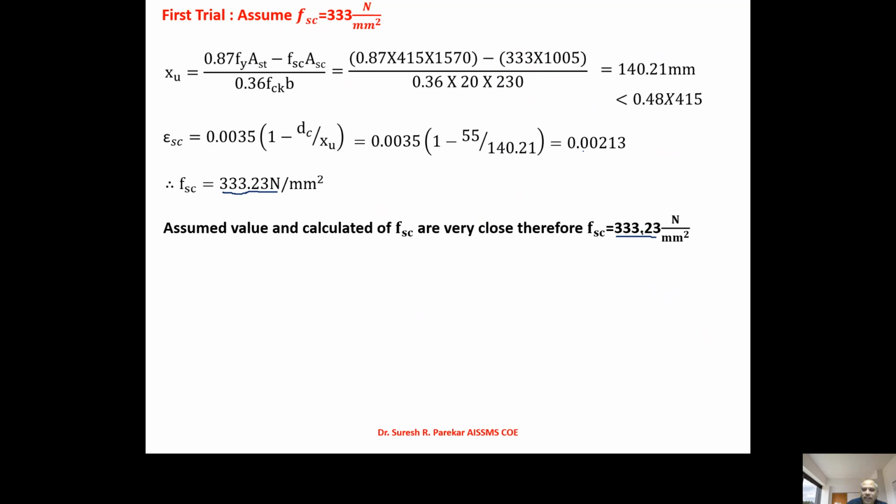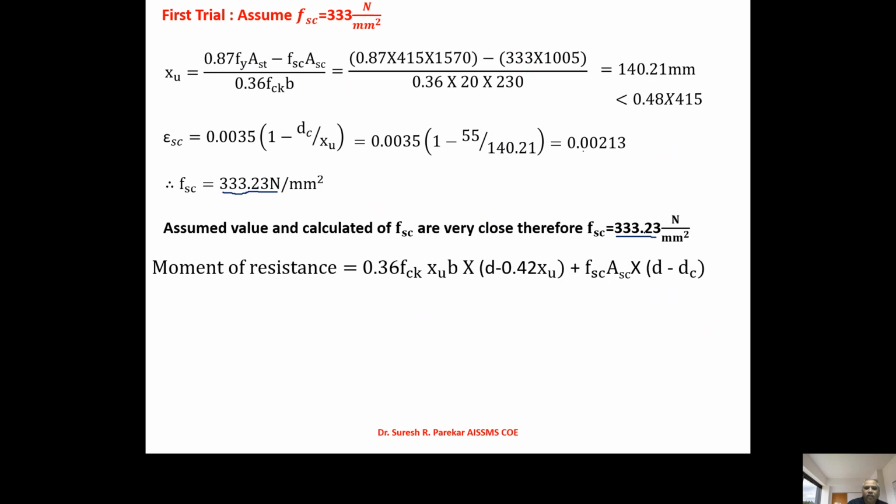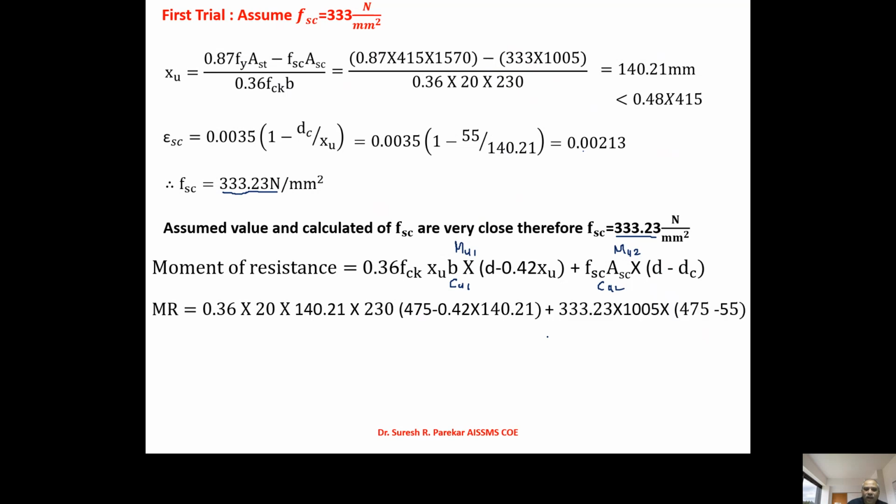And now knowing this value, we will substitute in the moment of resistance. This will be Mu1 and this will be Mu2. Now Mu1 we have as Cu1 into lever arm, and this is Cu2 into lever arm. And then we will substitute the values, and from this we will get MR, that is equal to, with these values substituted, 0.36 FCK XU B into bracket D minus 0.42 XU plus FSC into ASC, and then we have D minus DC.